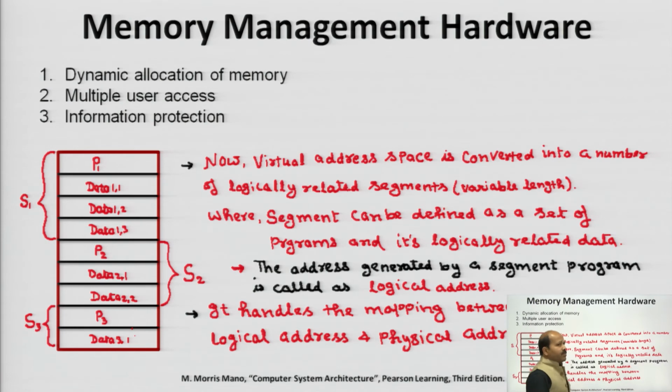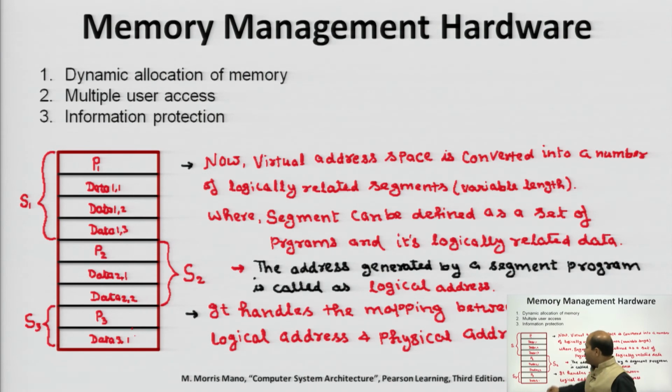Now the next concept is memory management hardware. As we have already discussed, the virtual memory concept is a combination of hardware and software management. In this concept, we try to store those programs which are logically related in the virtual memory, and these programs and corresponding data are called segments.